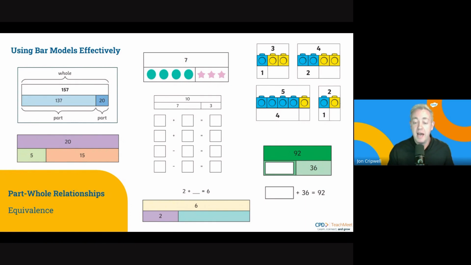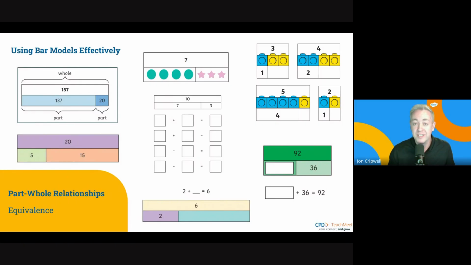We can use bar models for missing number problems too. I would suggest that this is conceptually quite abstract for children, even though it's very simple maths. Some children can be confused when we're looking at this, because essentially it's an addition problem that requires subtraction to be able to solve it.